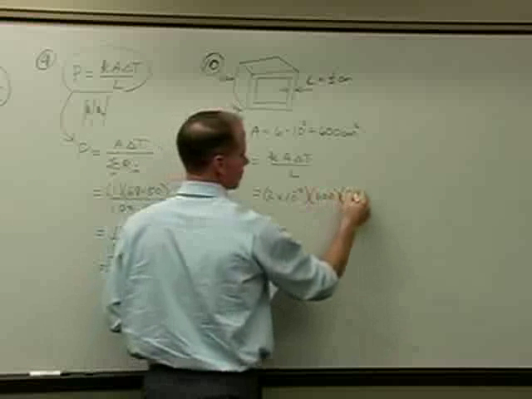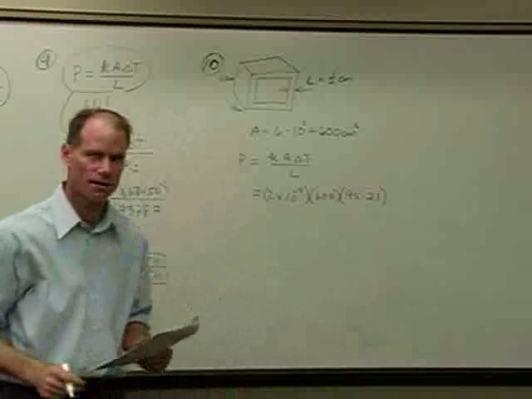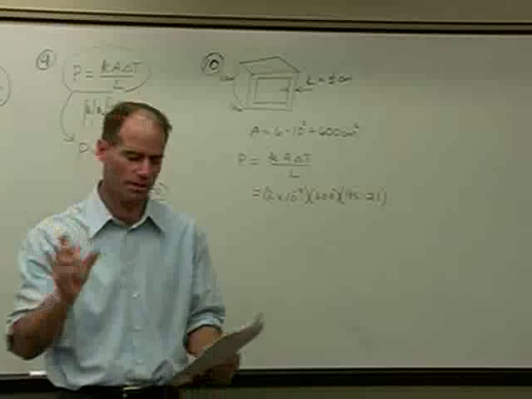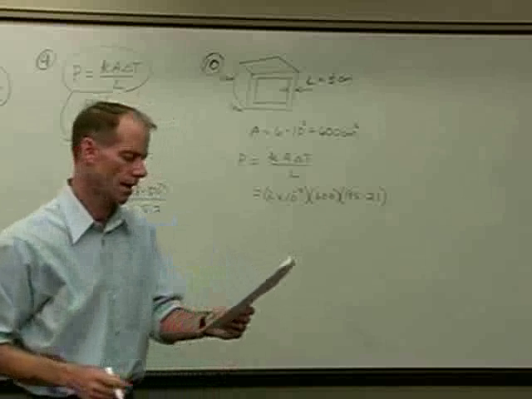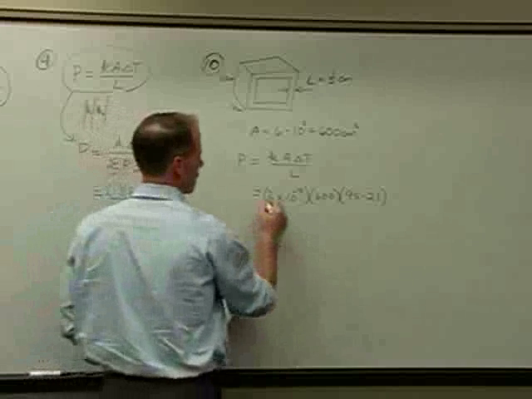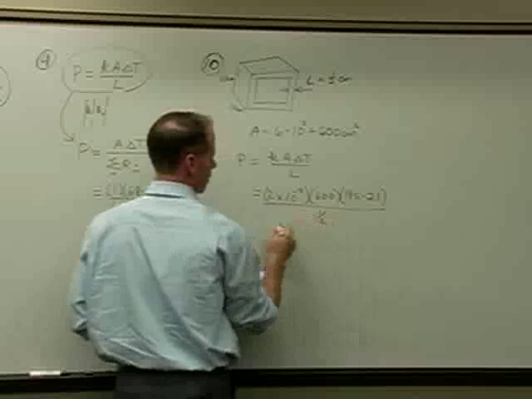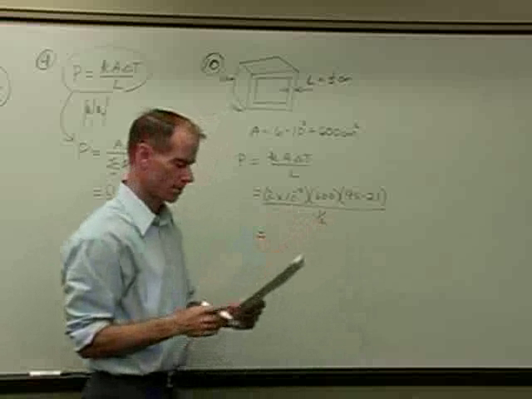Our change in temperature is 95 minus 21 because the coffee is 95 degrees Celsius and the ambient temperature is 21 outside, so that's our difference between the two sides of the wall. And our length is 1/2 centimeter. This answer will give us calories per second.